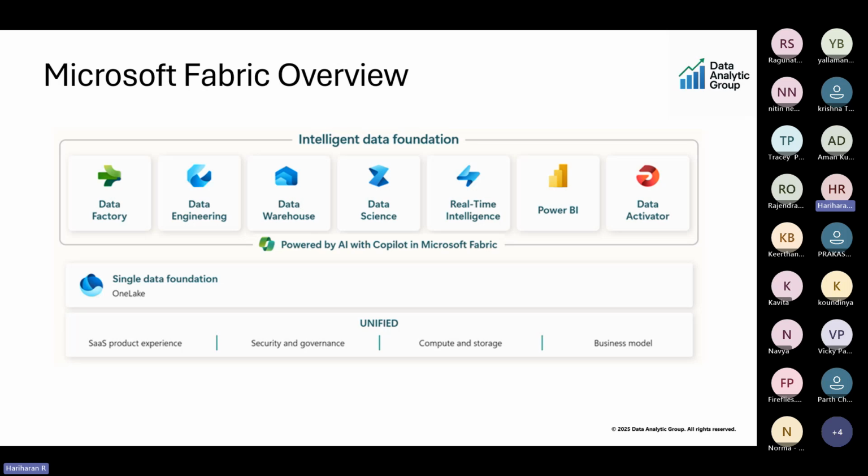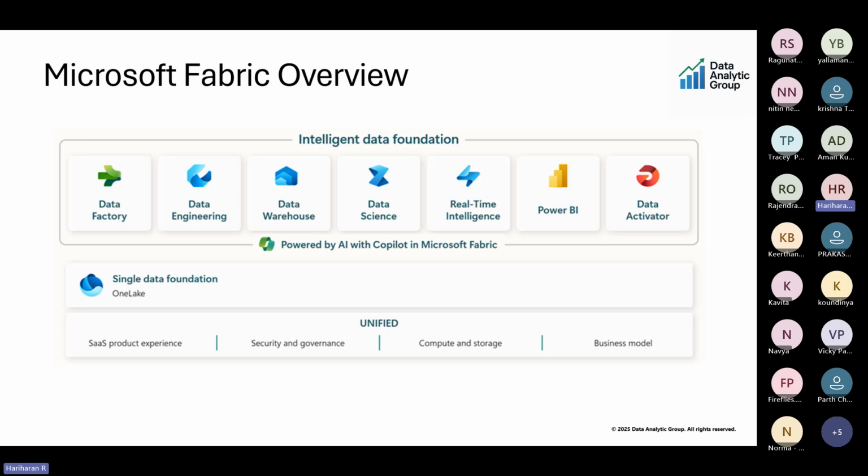All these different workloads are there to support different experiences or different personas. If you take data engineering, typically we create lakehouses, the medallion architecture-based lakehouses, and warehouses. We use notebooks, the Spark clusters, Python notebooks, PySpark notebooks, so all are integrated in this platform. The same goes for data science and even Power BI.